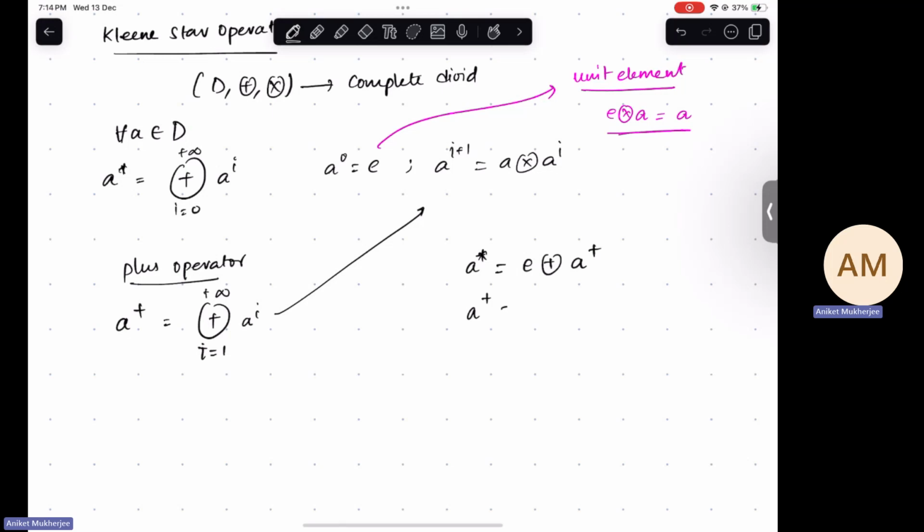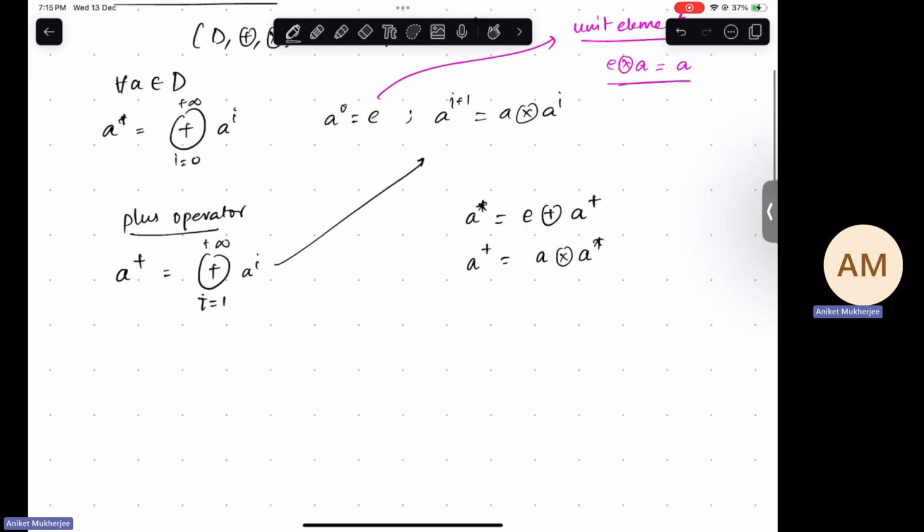Similarly, A plus equal to A into A star. So you take A plus, you multiply everything with A, from the commutative property you get that A into the first element E would give rise to A and so on. Right. So these two are the relations between A star and A plus.